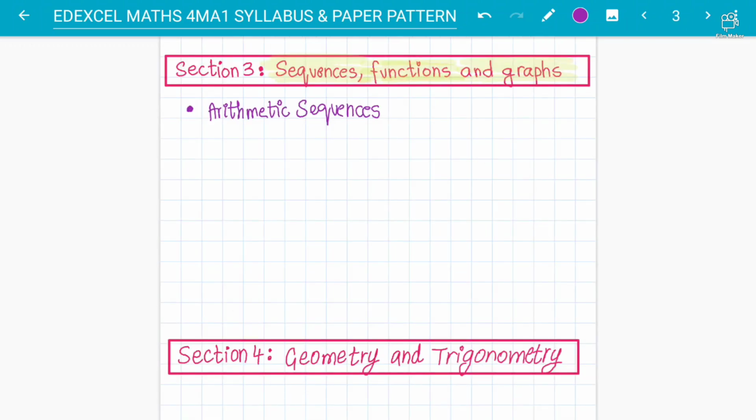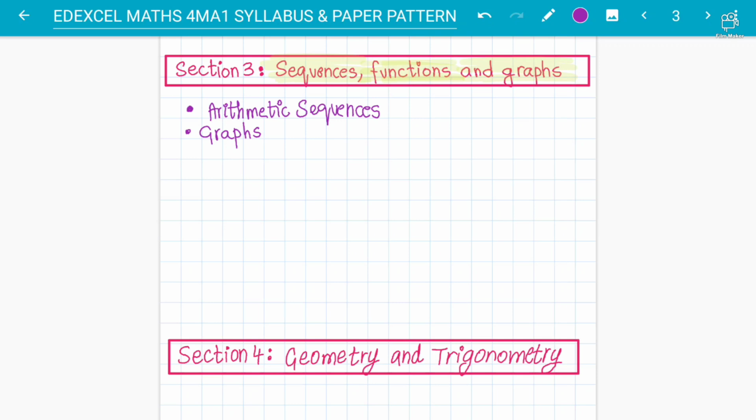Coming back to section number 3, which talks about functions. All types of graphs will be tested, students: quadratic graphs, linear graphs, reciprocal graphs, cubic graphs. A lot of different types of graphs are going to be tested, and coordinate geometry comes in here as well.